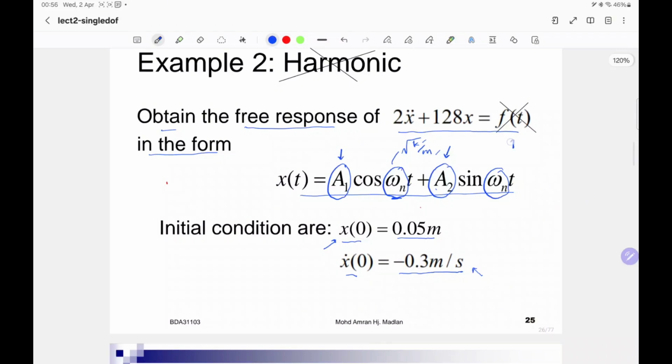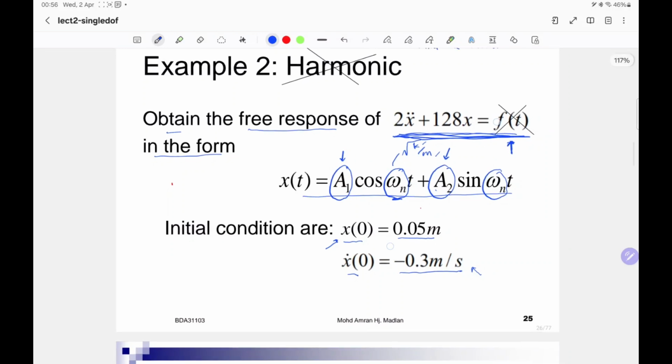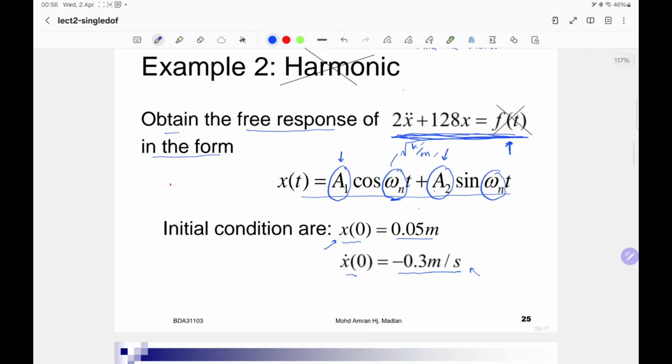So how do you solve that? Look at this. Do you know what this represents? If you look carefully, this is the equation of motion. Why is it important? Because we know that for free vibration, it is m x double dot plus k x equals to 0.